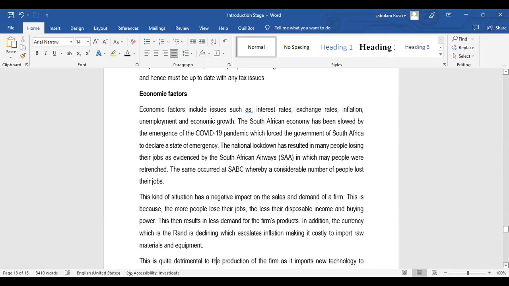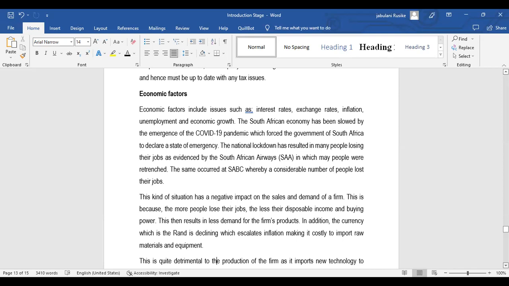And then inflation. High inflation rates mean that the prices of the products are very high, which also causes the cost of production for your products to be very high. Because when the inflation is high, if you are a company that imports, it will be very expensive, because high inflation means the strength of the currency is decreasing, which means you need a lot of rands to fetch just a few dollars.